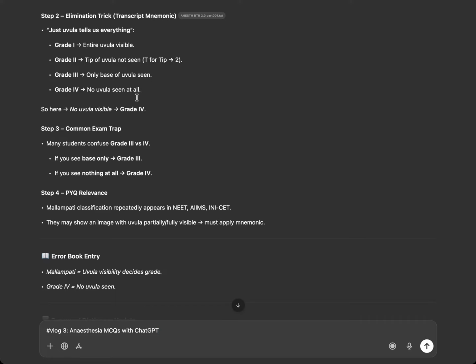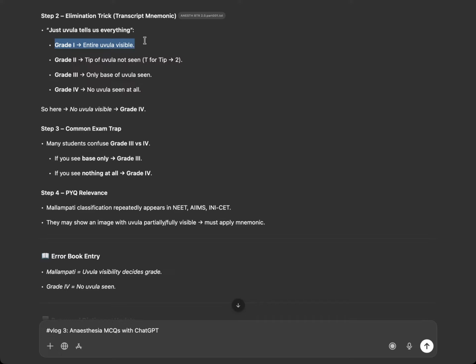Another important thing they concentrate on is the tonsillar pillars. In grade 1 of Mallampati, the tonsillar pillars are clearly visible throughout their breadth; the whole of the pillars is visible.